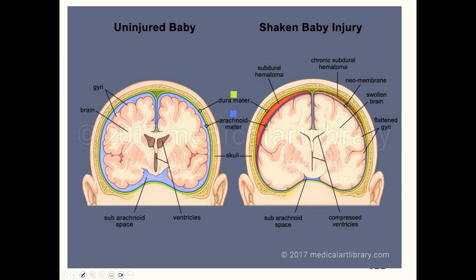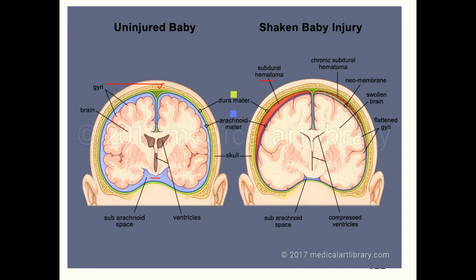If anybody's ever heard of shaken baby syndrome, this is what happens in shaken baby syndrome. You have hematomas that form because the brain is literally, when a baby is shaken, in that subarachnoid space, that cerebral spinal fluid acts as a cushion to protect the brain from bumping up against the skull bone.